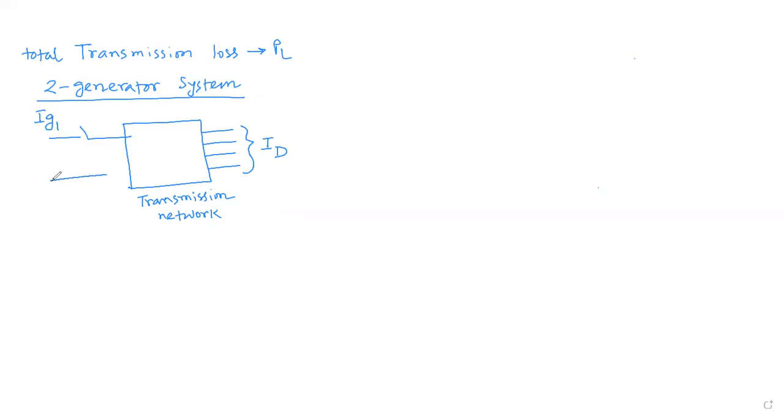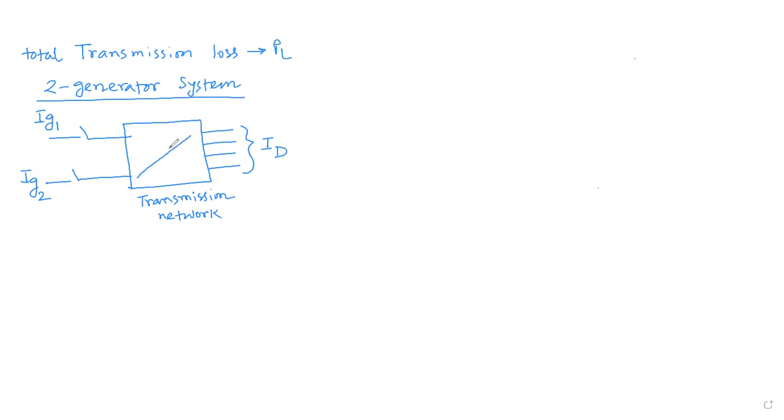And there are two generators. The second generator's current output is represented by IG2, and these are the switches, let's say. We simply choose one of the links among all the available transmission lines in our system.